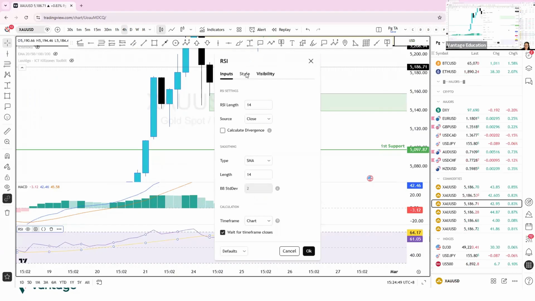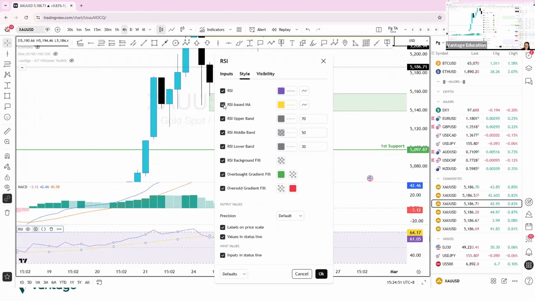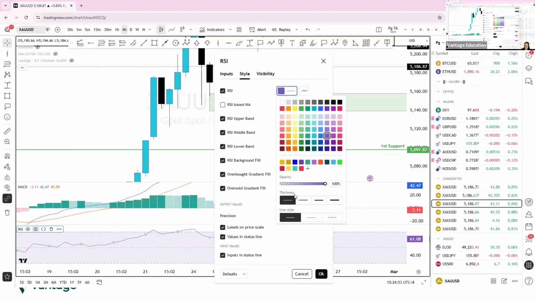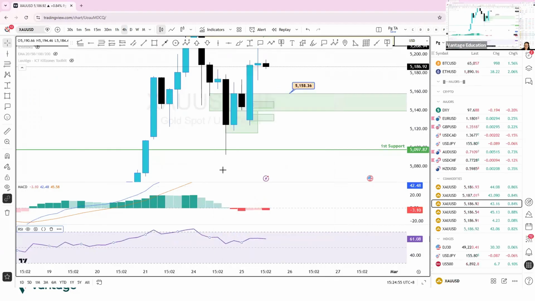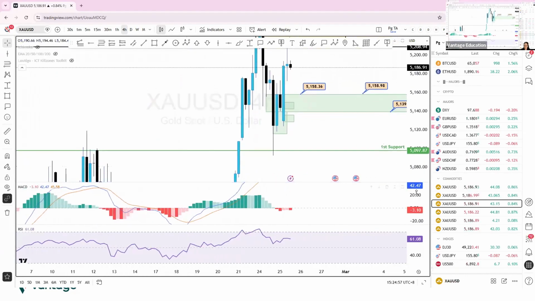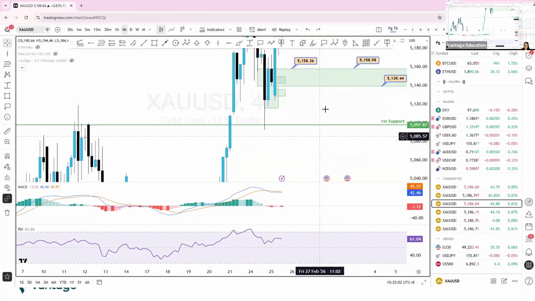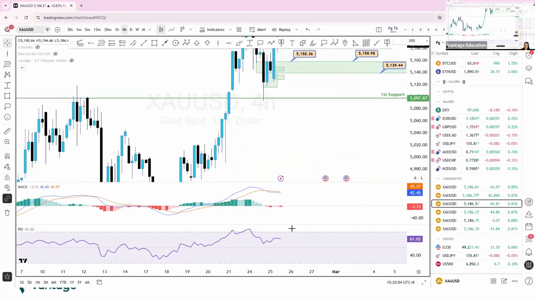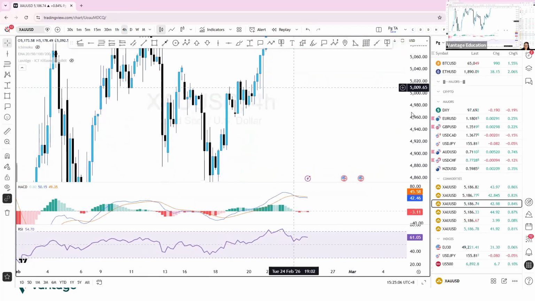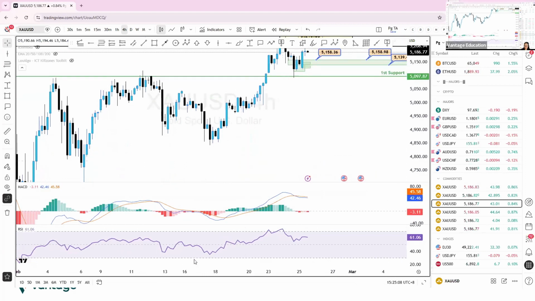I don't know why they have the RSI like this. Okay, I don't like it. Let's just say here. I'm on the H4, right? Maybe we look at the RSI here, which is here. Let's say here you buy.